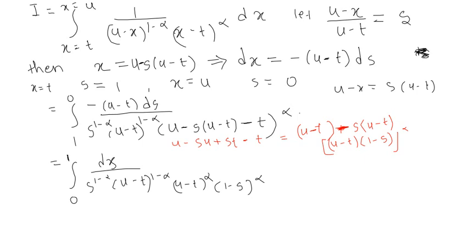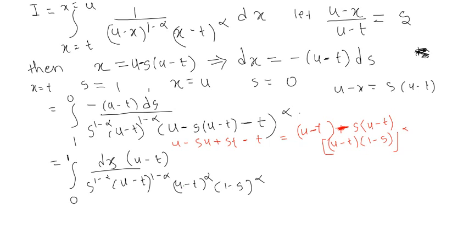On top it is ds into (u minus t). Now you can see, in fact everything will get cancelled, because (u minus t) raised to 1 minus alpha and (u minus t) raised to alpha, minus alpha plus alpha will go, only one u minus t will remain, but that will get cancelled with the numerator u minus t.